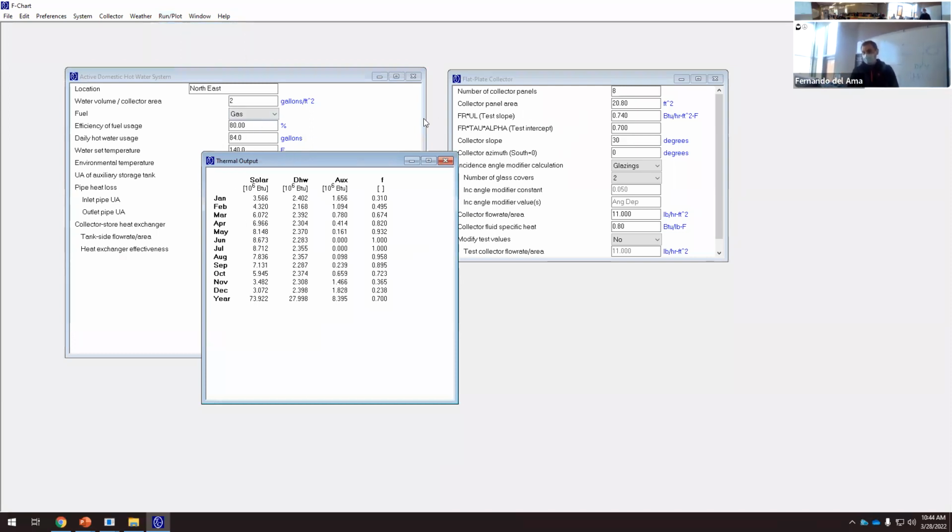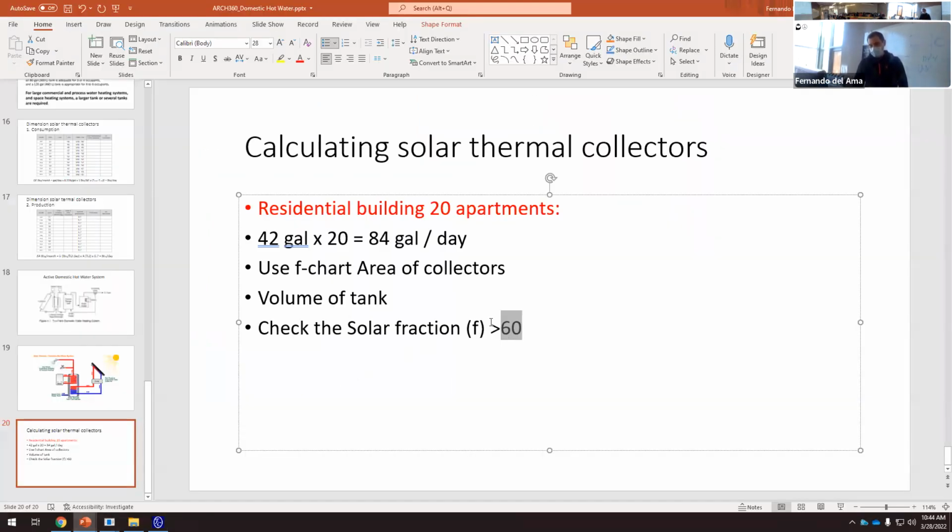And now what's the size of the water tank? The size of the water tank is 8 collectors times 20 square feet per collector times 2 gallons per square foot.